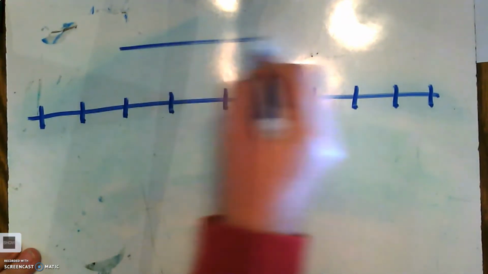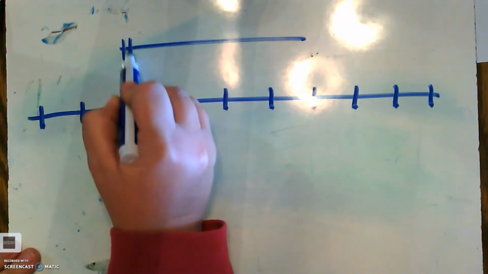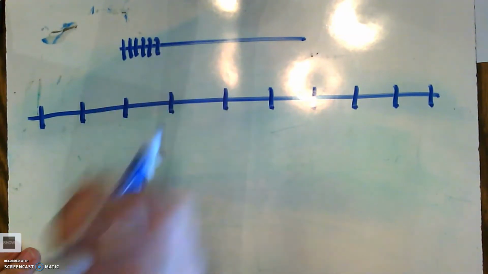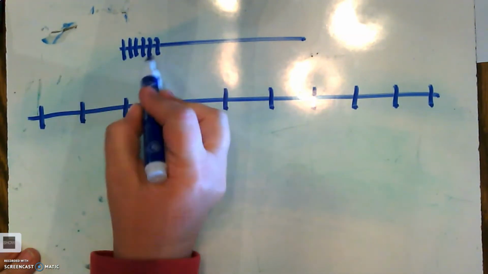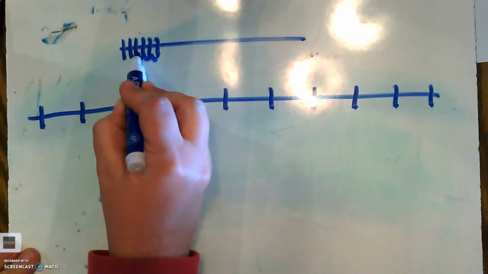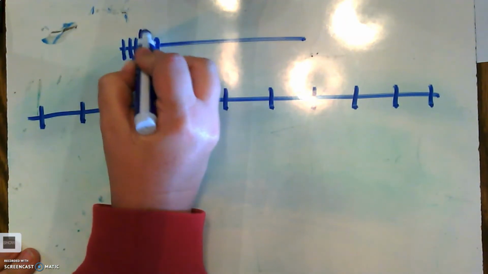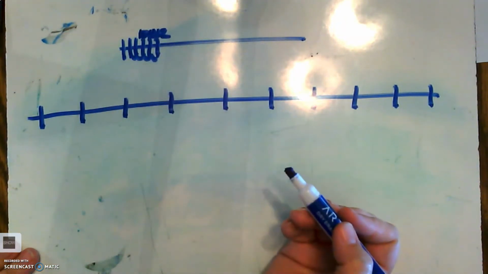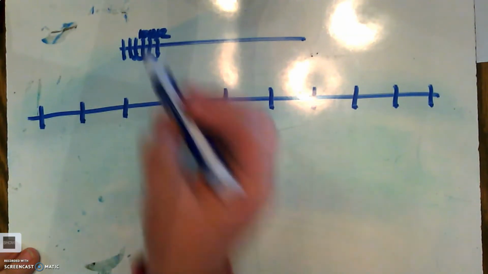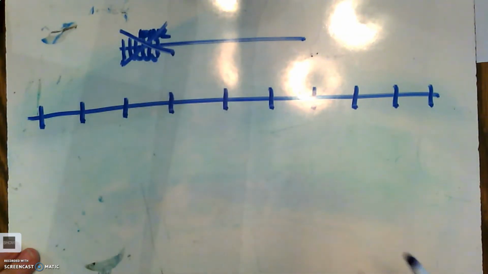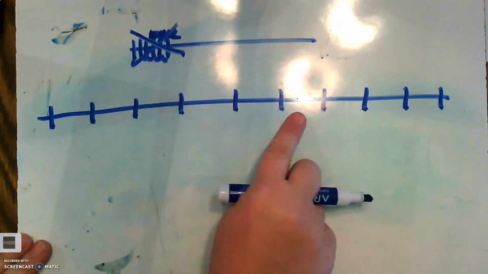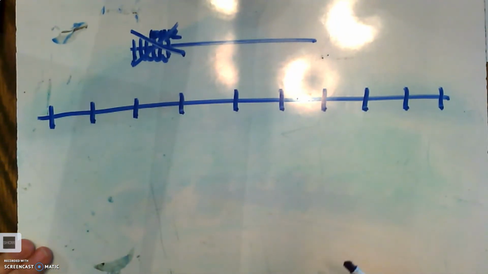Now, when you draw a number line, what you don't want to do is put them really close together like this, because then it's really hard to make your jumps and then to write your numbers. Kind of hard to see what that says. It just looks like a big blob. So we don't want to put them too close together. So that's one thing that's really important when you make your number line, is that you leave some space in between each hash or tick mark.